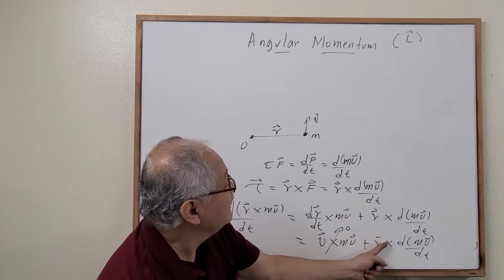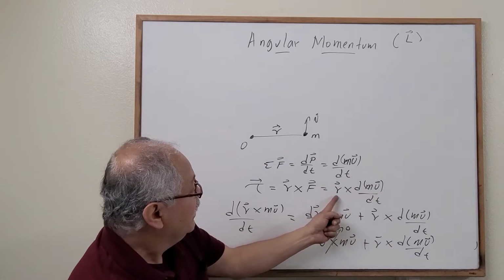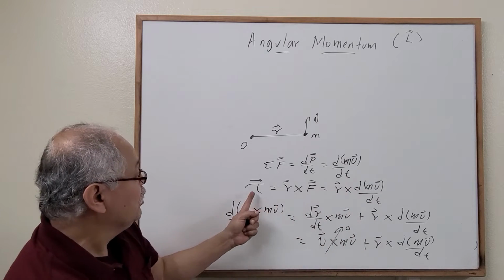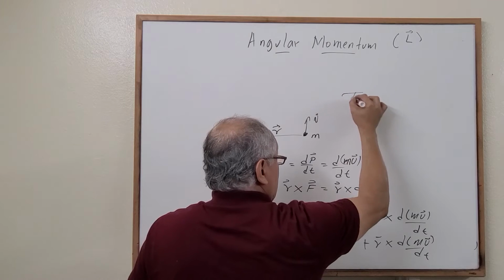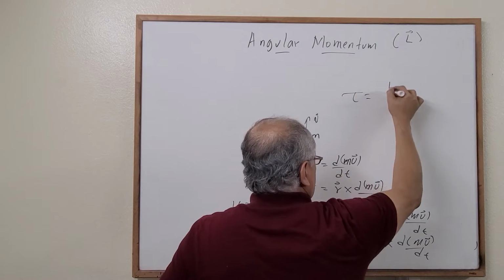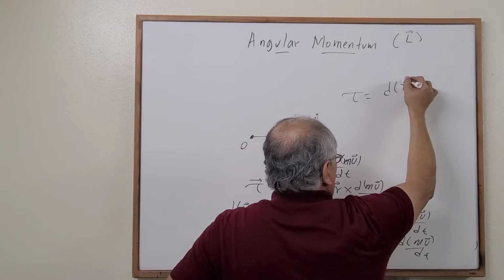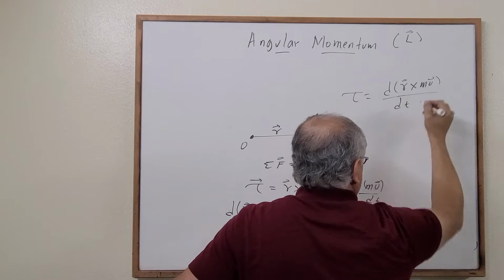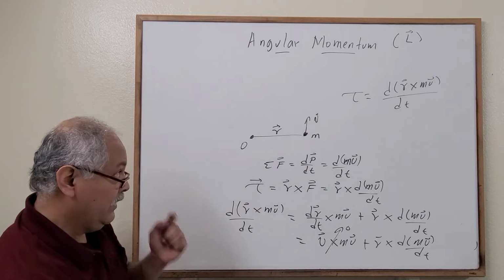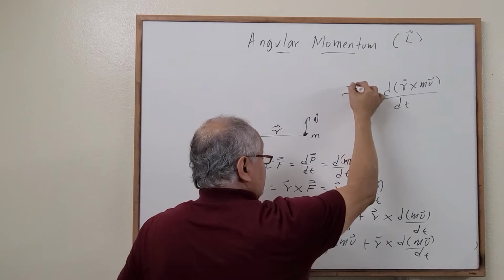But this part is coming from here, and this equals torque, tau. Conclusion: the torque can also be represented as the derivative of this quantity, r cross mv, with respect to time. This is a vector notation.